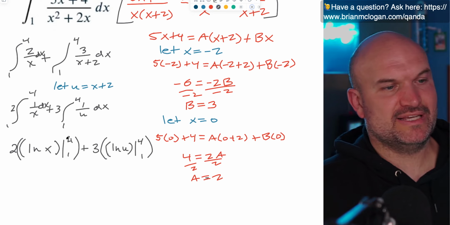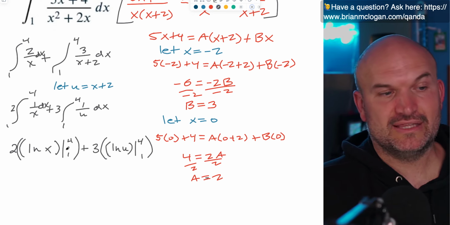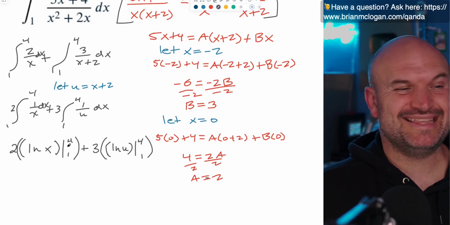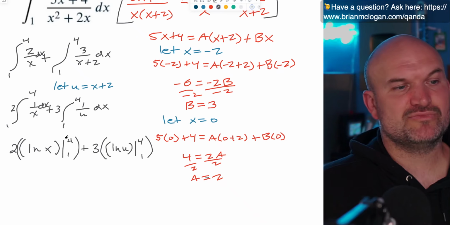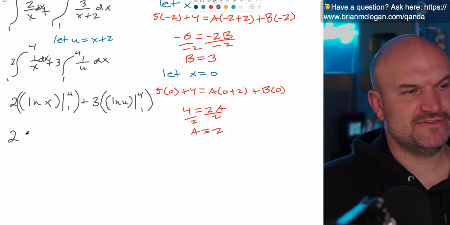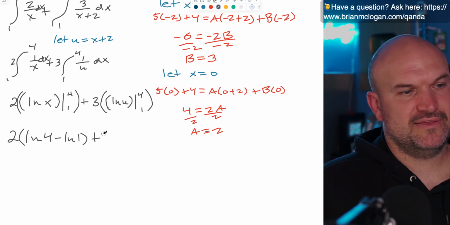Now what we need to do is identify this definite integral's lower limit and upper limit. So basically we're simply going to plug in these values and subtract the lower limit from the upper limit. So now I'm going to have 2 times ln of 4 minus ln of 1, plus 3 times ln of 4.